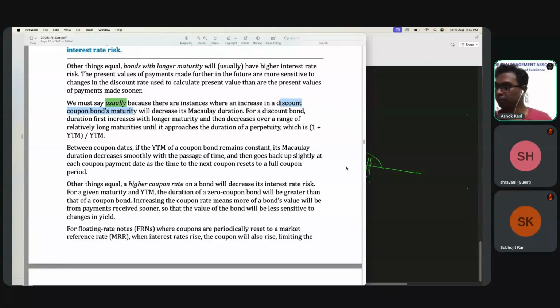Can you understand this? That means if the maturity is longer, for a discount bond, we must say usually because there are instances where an increase in your discount coupon bond's maturity will decrease its Macaulay duration.